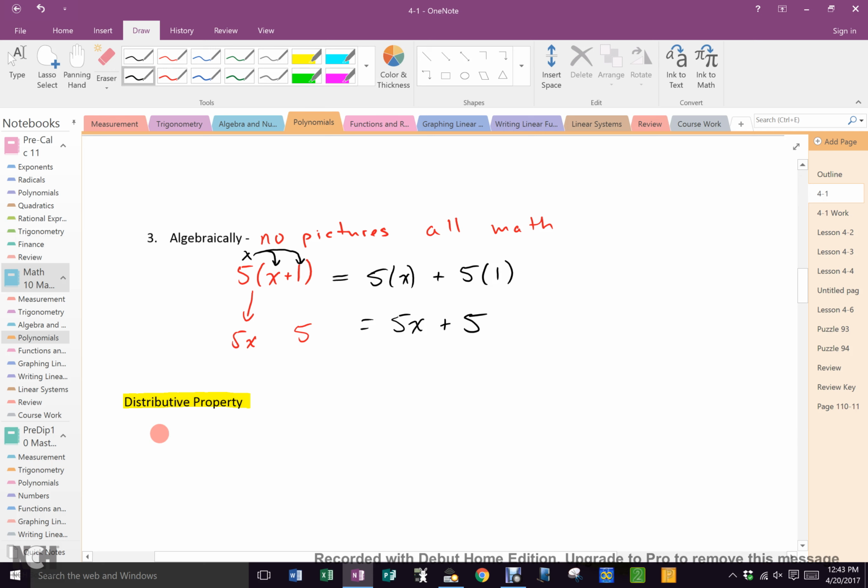I'm going to draw it with letters first. X times A plus B equals X times A plus X times B. That's what it means.